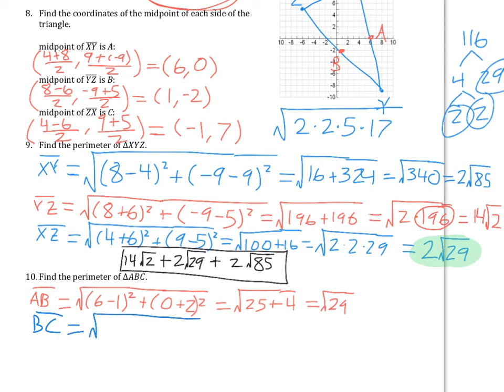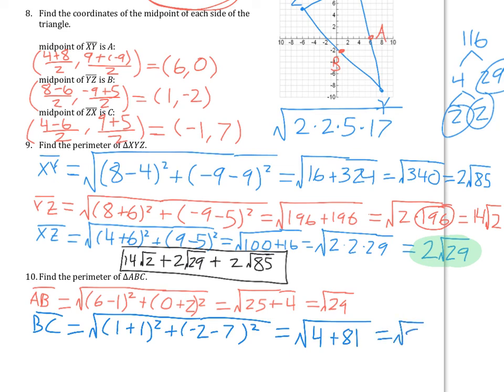Alright, using the coordinates of B and the coordinates of C, we're going to do 1 minus negative 1, which is 1 plus 1 squared, plus negative 2 minus 7, and square that. Alright, so 1 plus 1 is 2, square that, you get 4. Negative 2 minus 7 is negative 9, square that, and you get 81. This gives you radical 85.